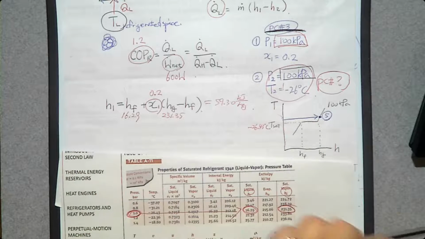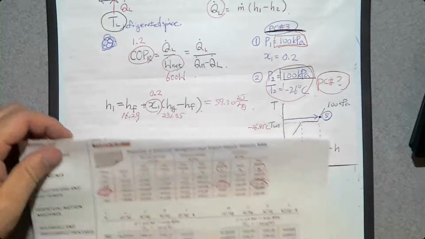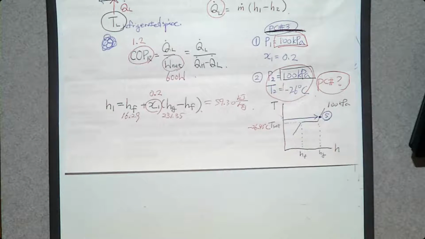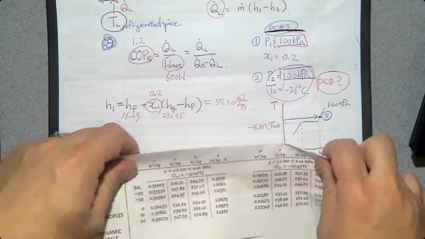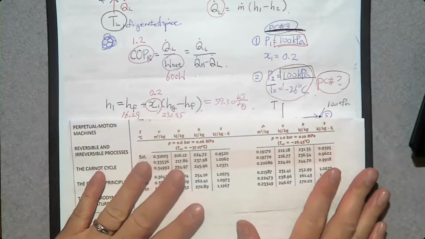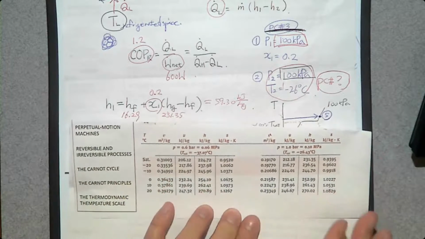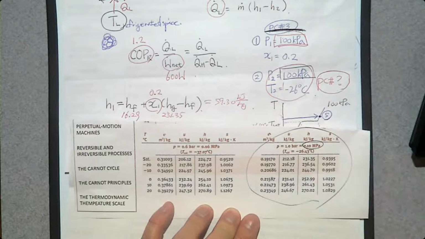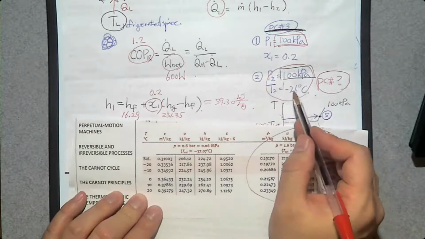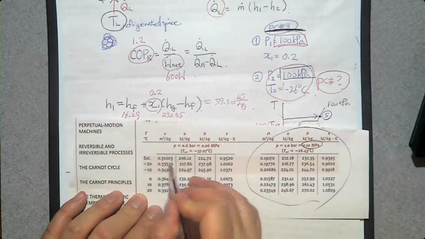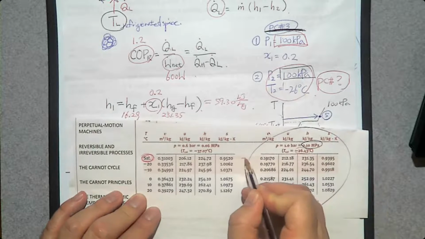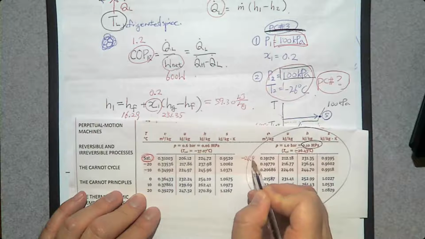If you know you have a superheated vapor, you can go to the superheated vapor table. This one, at 100 kilopascal, we are looking at minus 26. So the first temperature is the saturation temperature, minus 26.43.